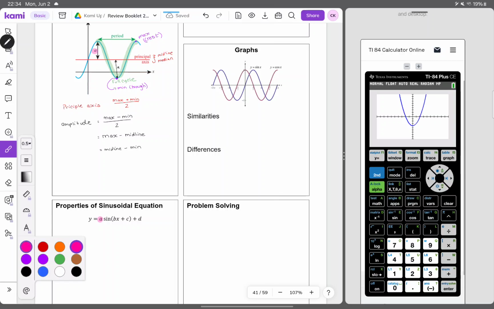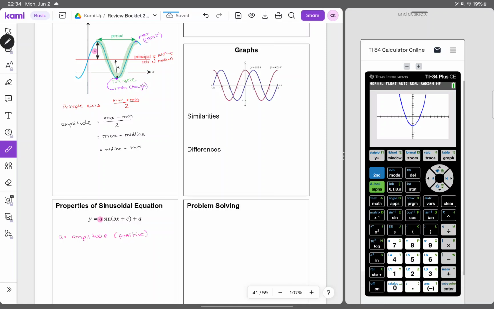These stand for the same thing. A equals our amplitude. We always write our amplitude as a positive number. So even if there was like -2 written here, you would say the amplitude is 2.